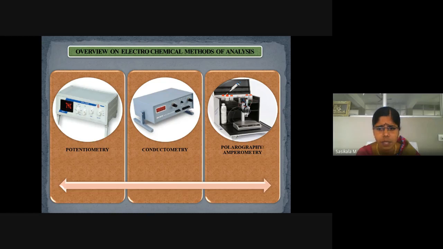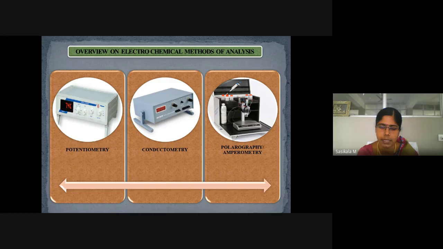Polarography or amperometry analyzes polarizable substances. Polarizable means they are oxidizable or reducible at an electrode. We'll be using electrodes for analyzing it. So definitely at the electrode surface, your sample will be either electroreducible or oxidizable. Those types of substances can be analyzed by polarography. Amperometry follows the same principle, where diffusion current is measured.